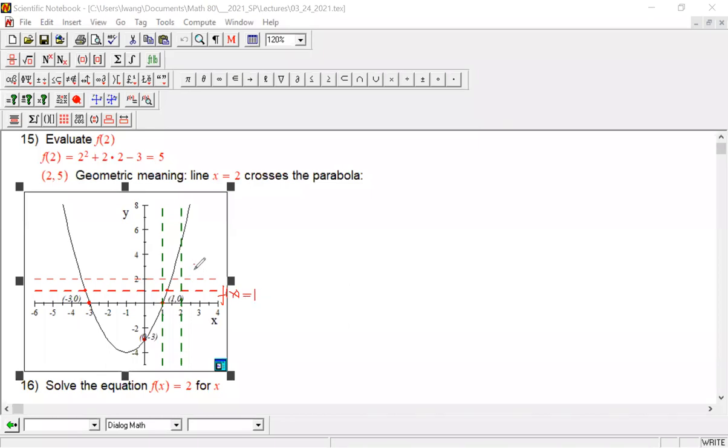This new one we drew is f of x equals 2. One is y equals 1, the other one is y equals 2.